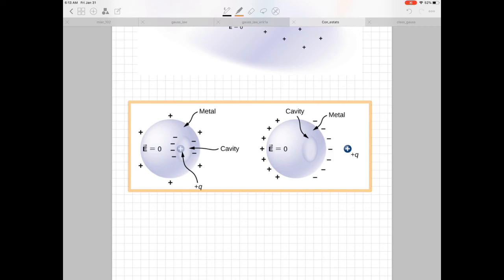So on the left side, I've got a cavity that's filled with a positive point charge, and you see the excess charge resides on the outer surface, and around the cavity inside there's an induced negative charge.